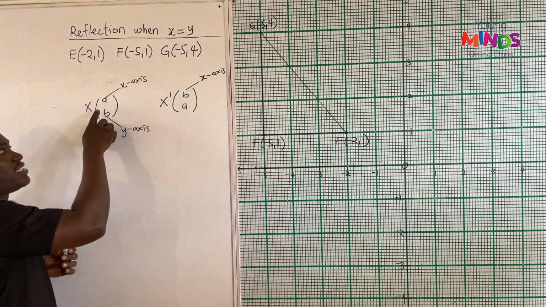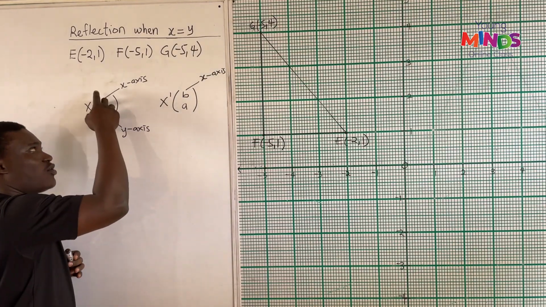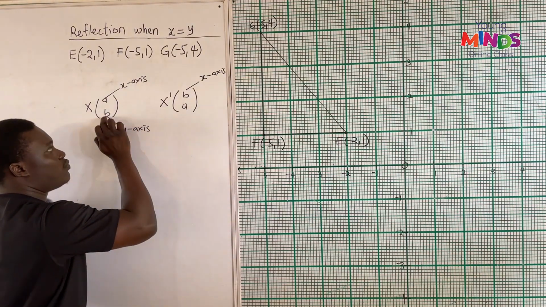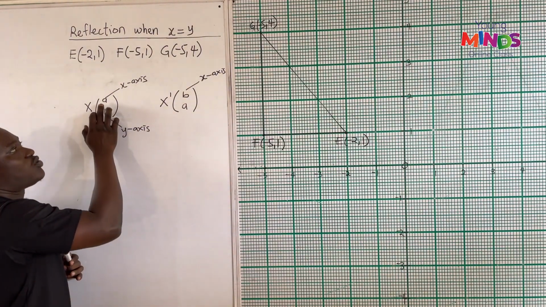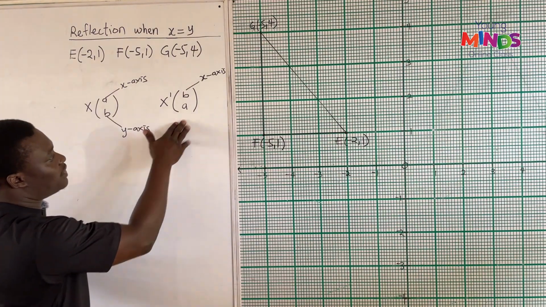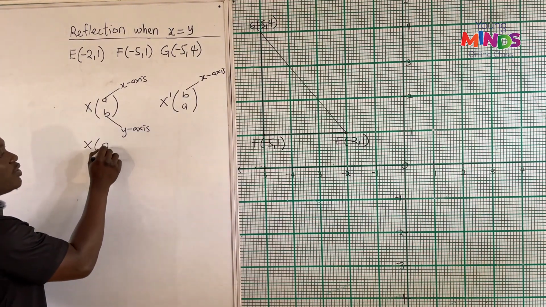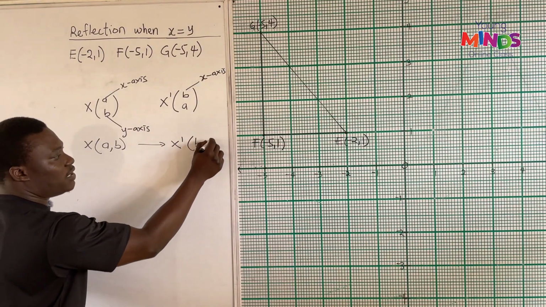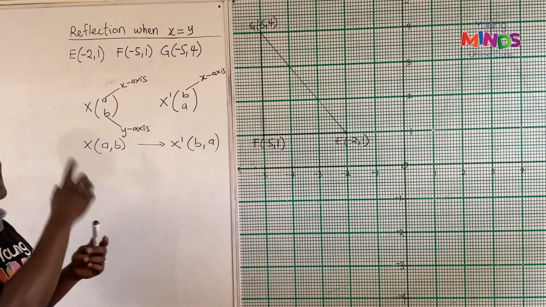And if x is equal to y, then y is also equal to x. So in place of x, we'll put the y component, and in place of the y, we put the x component. So if you look at this point, where we have point A, B, we are going to get its image to be point B, A. So in this case, we are going to turn the points.